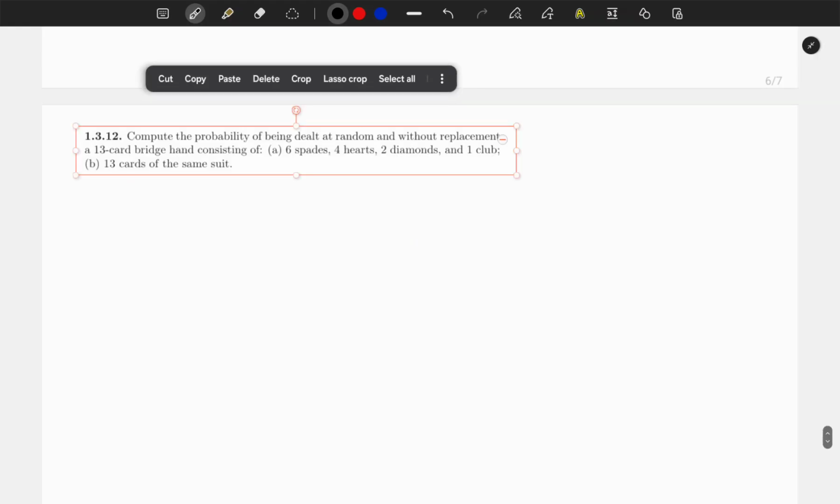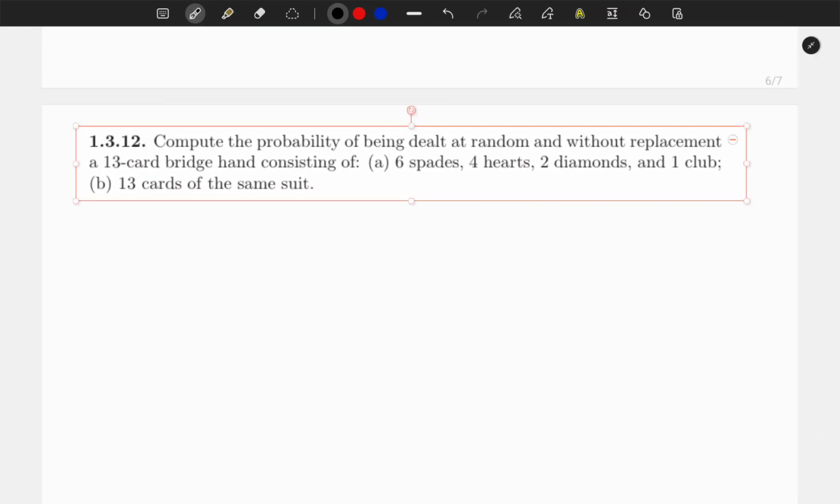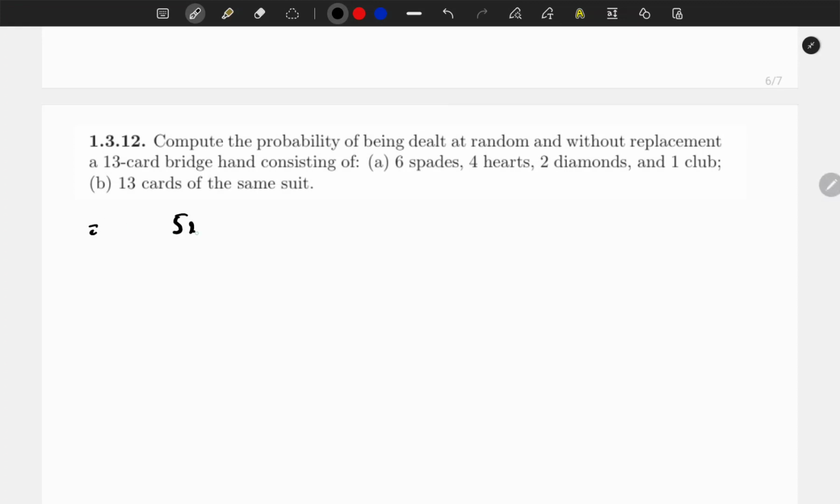For question number 12, we compute the probability of being dealt, at random and without replacement, a 13-card bridge hand consisting of 6 spades, 4 hearts, 2 diamonds and 1 club, and also 13 cards of the same suit. In a deck we have 52 cards, and out of the 52 cards we want to pick 13.